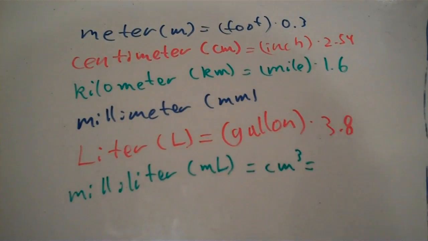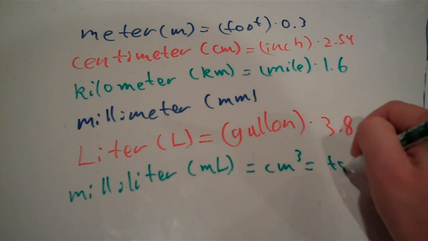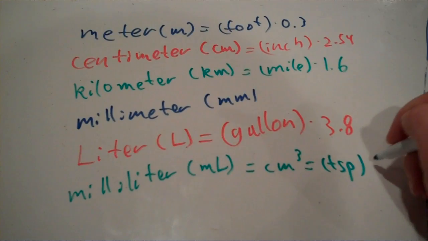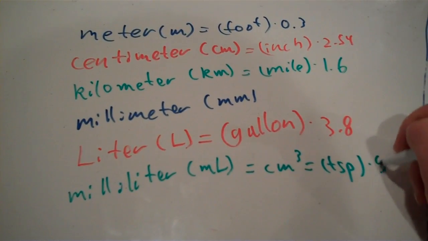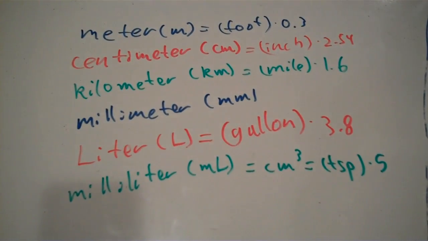But a milliliter, at least in civilian use, is commonly used with baking, such as teaspoons and tablespoons. So the conversion factor for milliliters to teaspoons is to multiply your volume in teaspoons by about 5. And that will give you your approximate volume in milliliters.